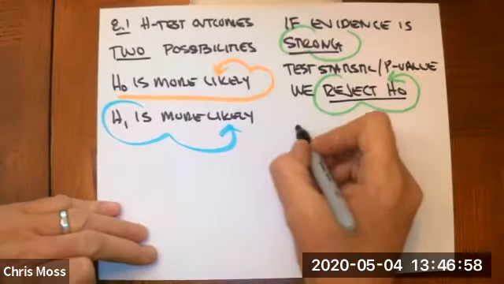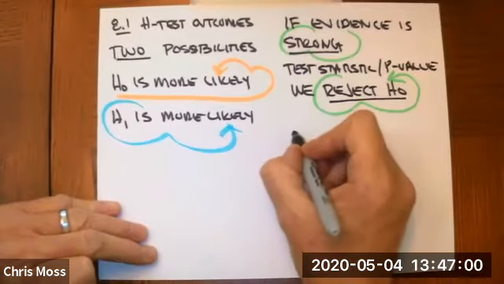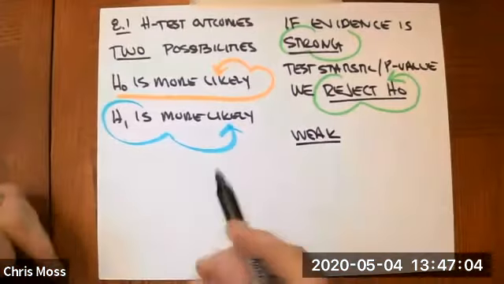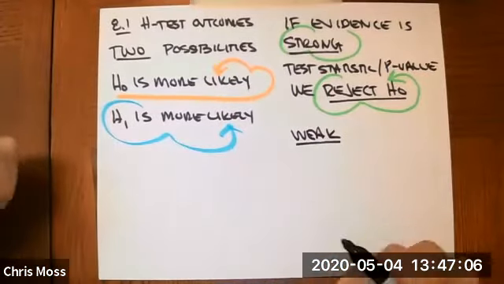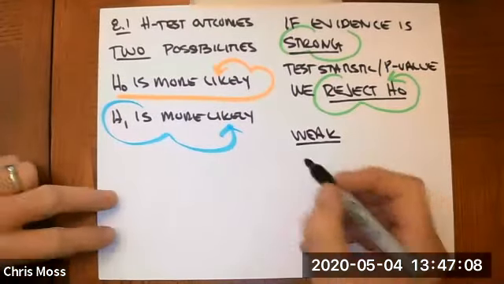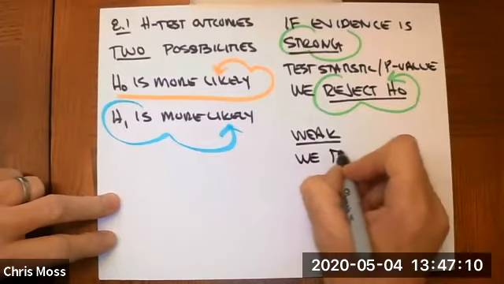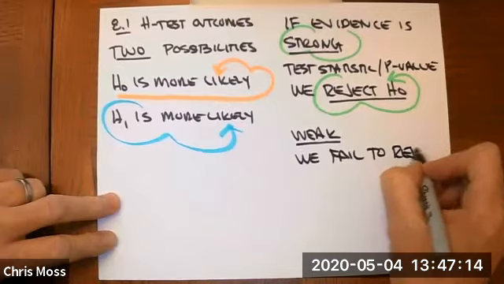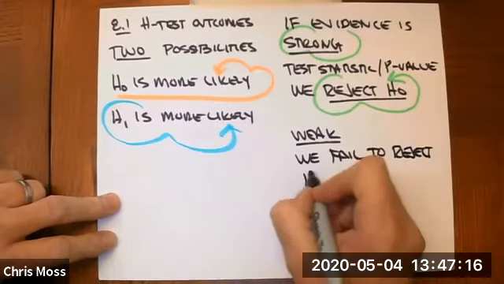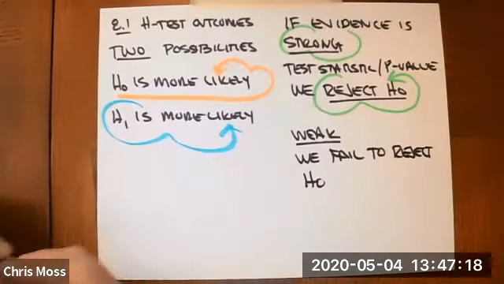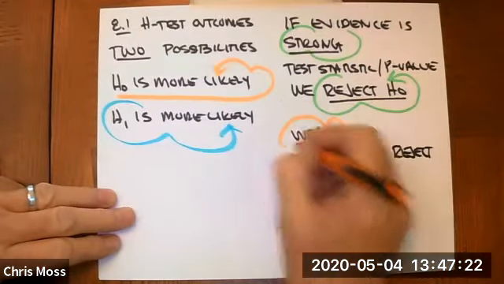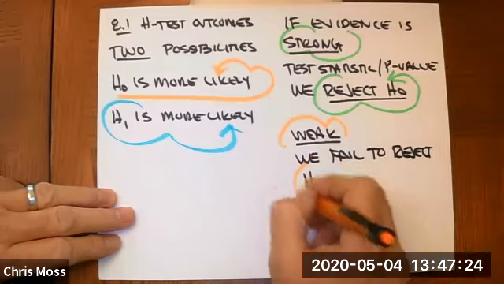On the other hand, if the evidence is weak, in other words, the test statistic and the p-value really are not that strong, we fail to reject the null hypothesis. And it's really important to realize that we're not validating the null hypothesis.